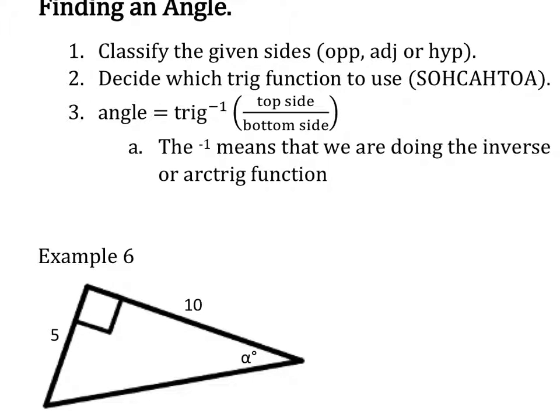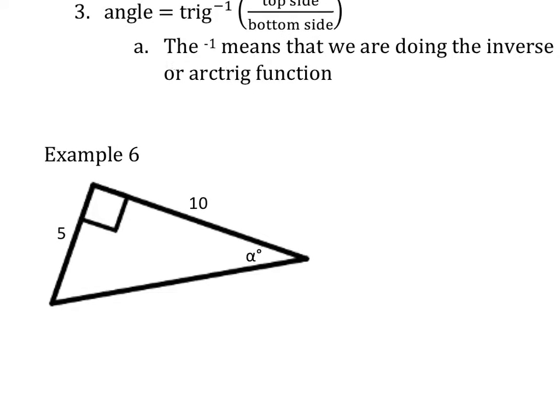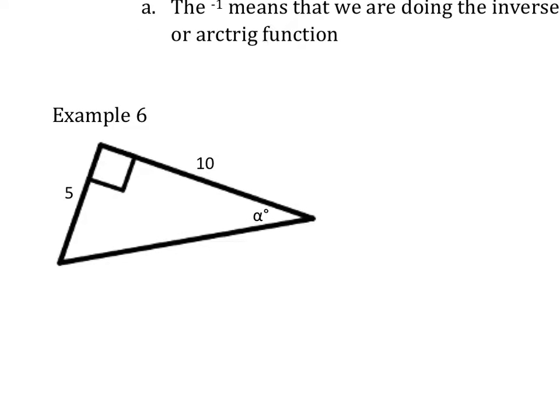But the trick is when you set up the function, it's the angle equals trig to the -1, which means the inverse or the arc trig function of opposite over hypotenuse, adjacent over hypotenuse, or opposite over adjacent. So let's do a couple examples and it will make more sense. If you're finding an angle, you're using inverse trig, not regular trig.